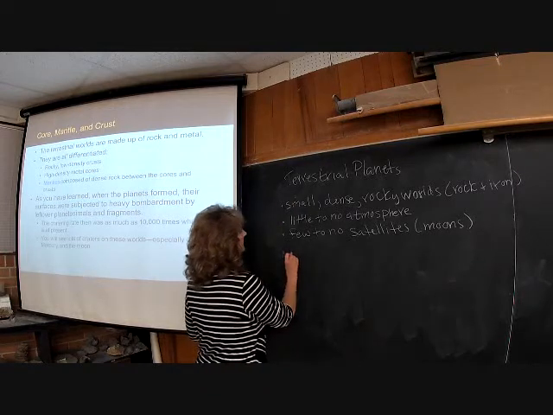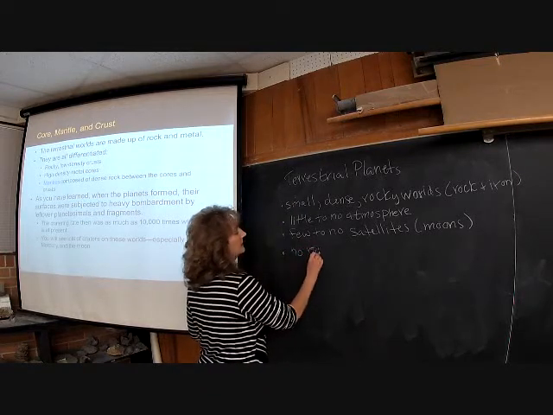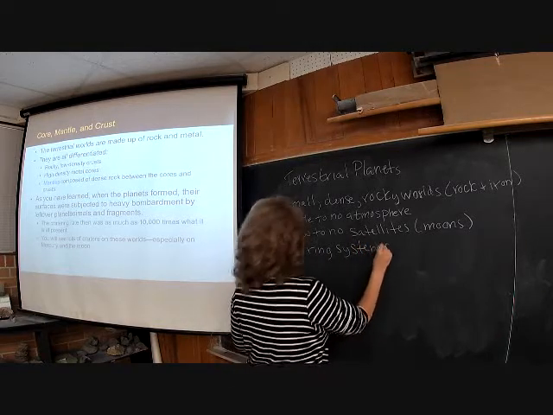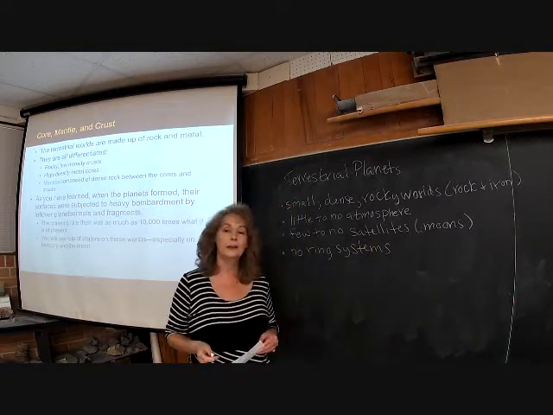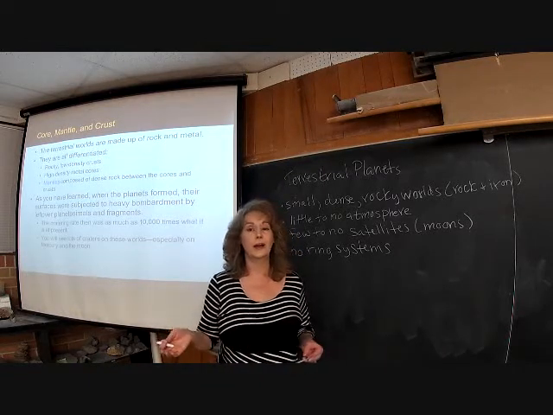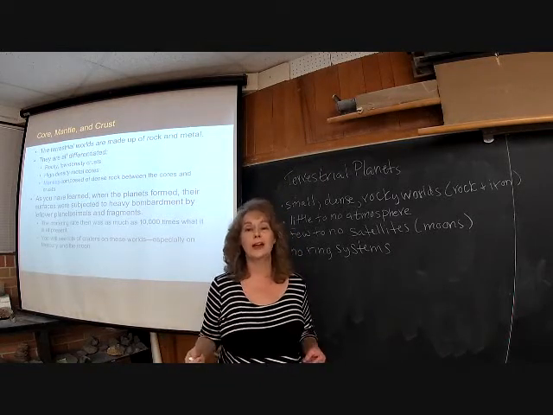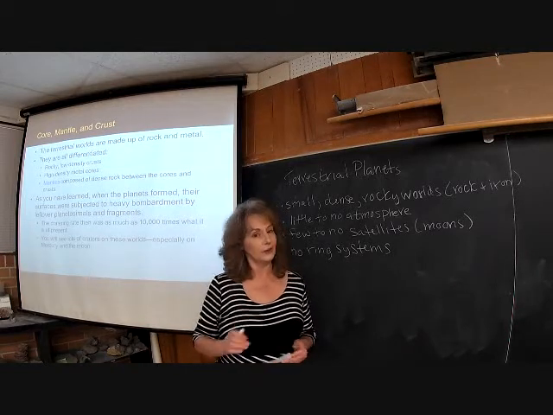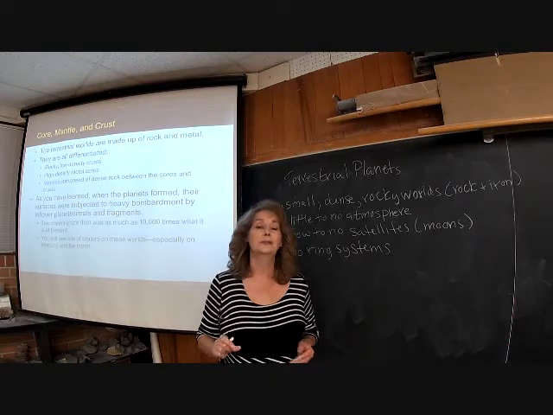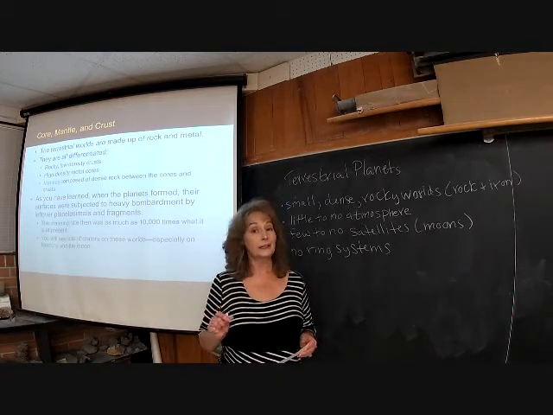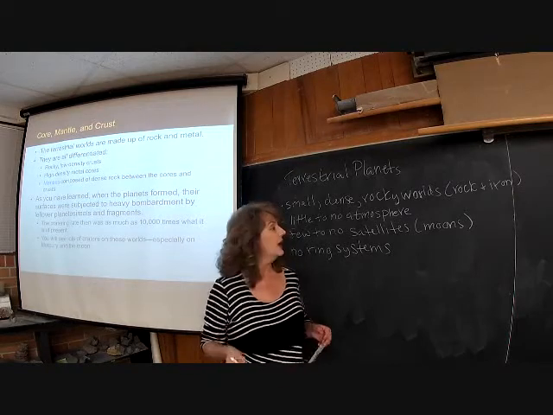And then we include this in here, no ring systems. What we mean by that, if you think of the outer planets, Saturn right away is the one with the striking rings, the beautiful rings of Saturn, obvious even in a little rudimentary telescope. You can see the rings of Saturn.